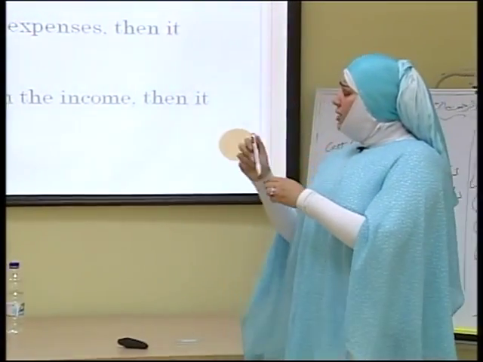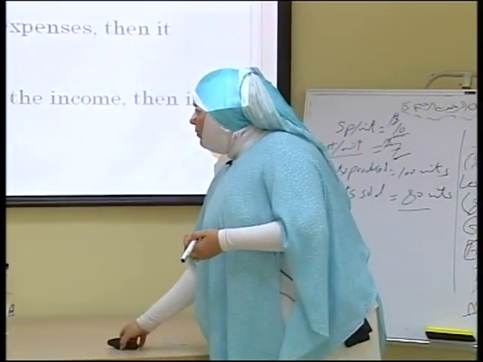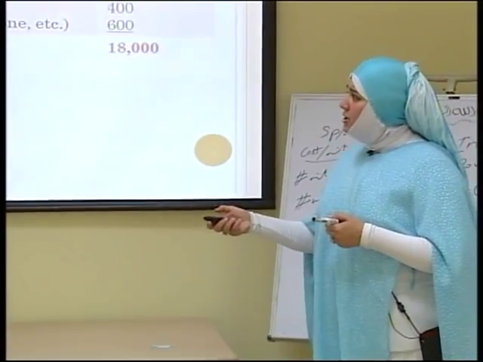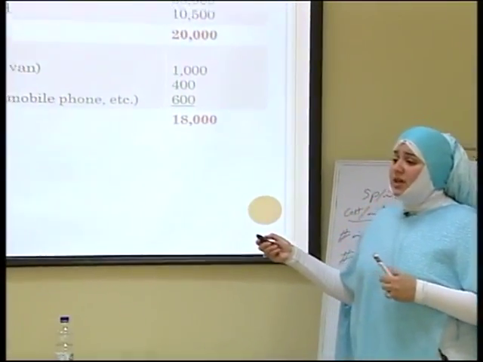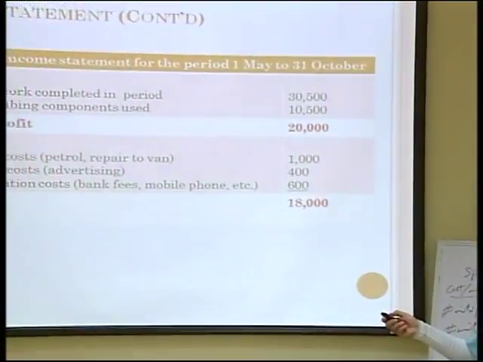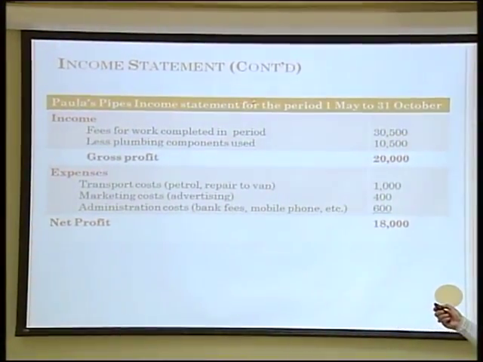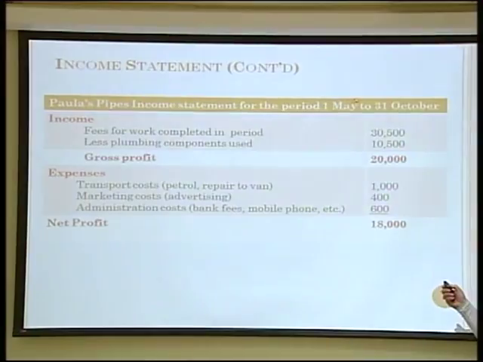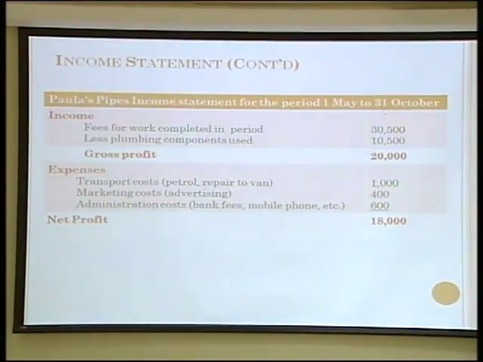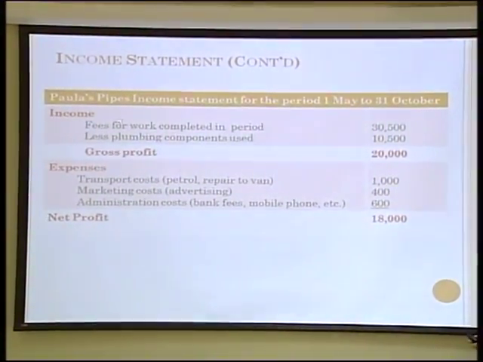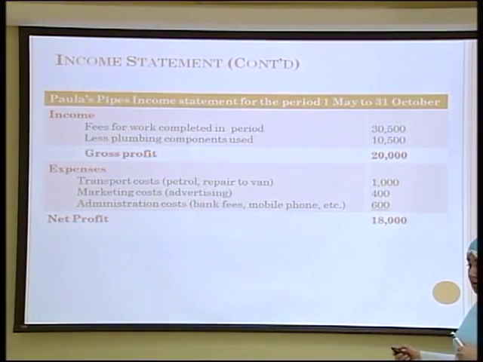Here we have another example as in your book. This is about a service company. Paula is a plumber. This is the income statement for the period May 1st to 31st October, in the past period.